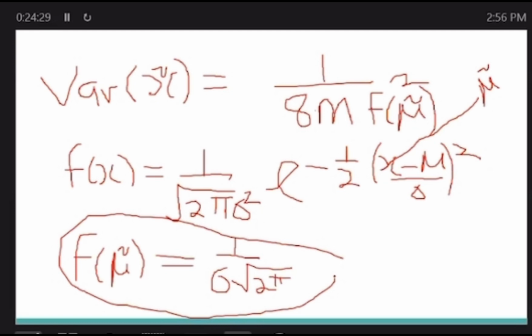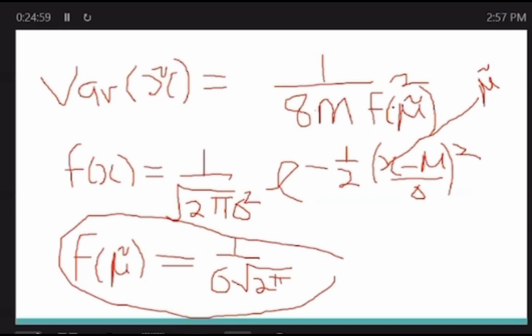Is there anyone who doesn't understand what I've done here? Whatever the distribution of the data set, you need to derive that before you plug it into the variance of the median. Wherever I see f of mu, I'm going to plug in 1 over sigma times the square root of 2 pi.